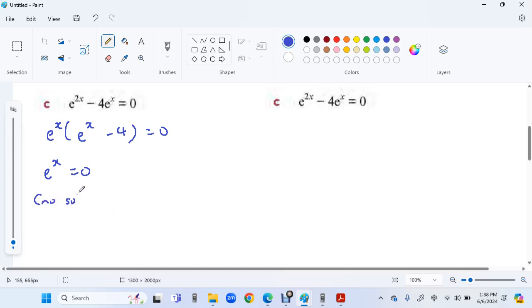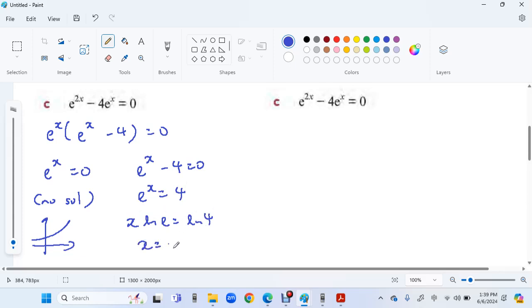This one has no solution, because the graph for e power x is like this. It will never be 0 or negative. Then we have e power x minus 4 equal to 0, then e power x equal to 4. Then x ln e equal to ln 4, so x equal to ln 4.